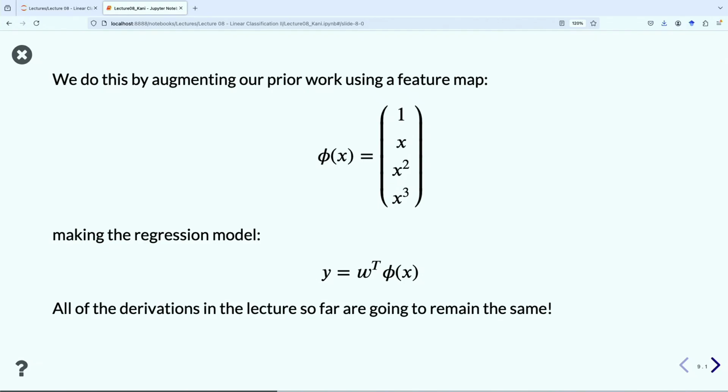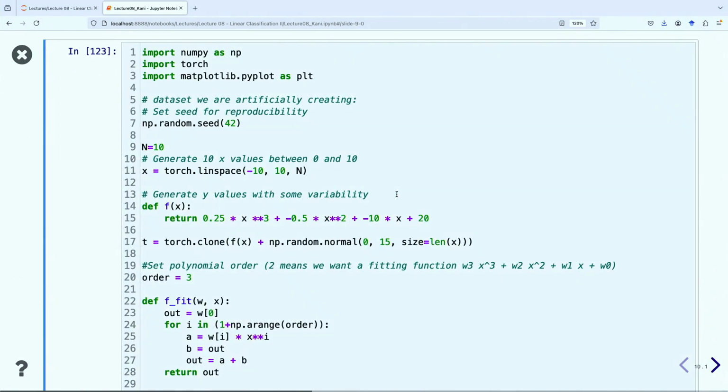But let's just look at how the feature map would work. Now we have a one input system and a one output system. So let's define our feature map again.